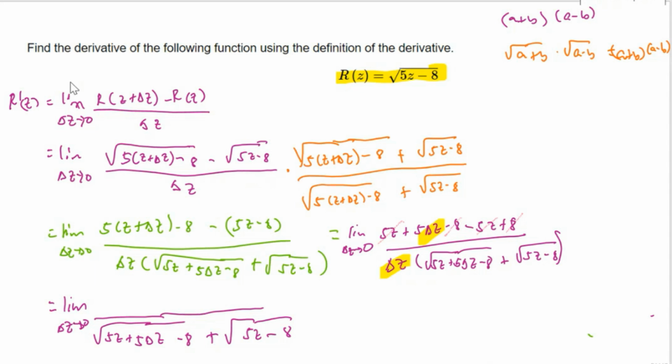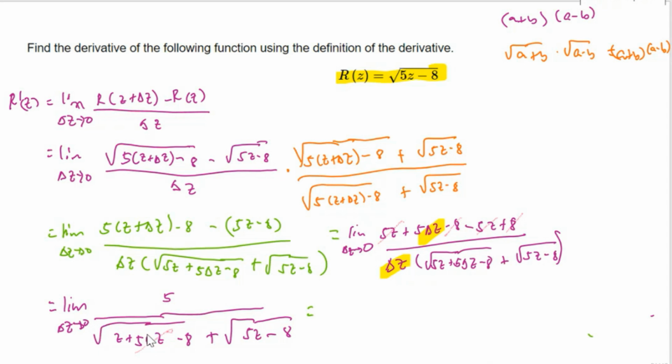Maybe I can write 5 in the middle. Next step, class, is that we are going to substitute delta z by 0. If you substitute delta z by 0, this term of 5 delta z will be equal to 0.